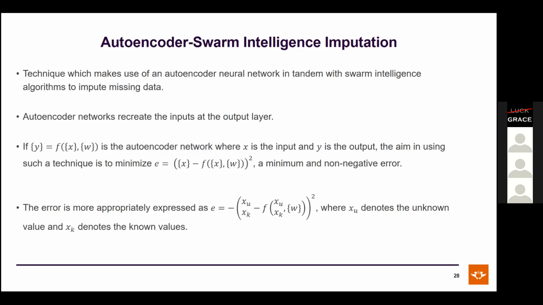In minimizing, because the autoencoder network basically aims to replicate the input at the output, the output has to be equal to the input. So the hope is that in minimizing this error, you are getting representative estimates of your unknown, your missing value. That's what happens in this kind of imputation.